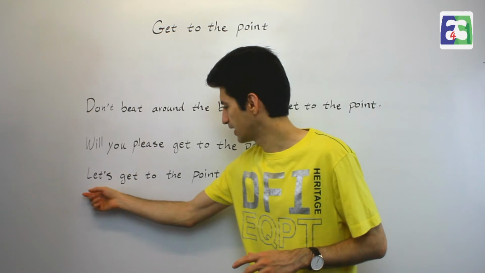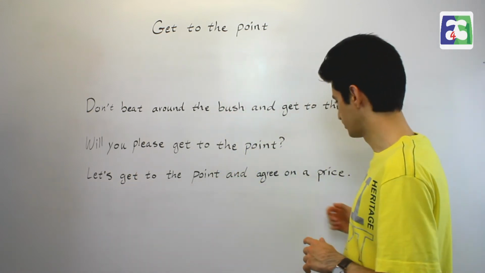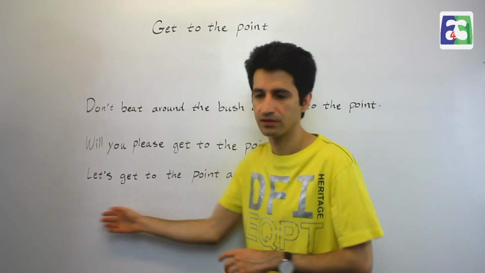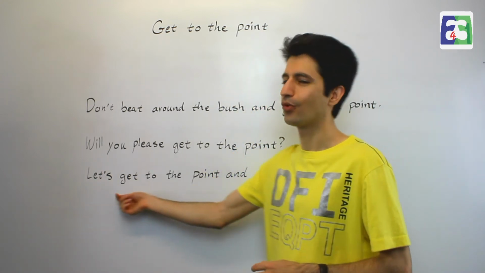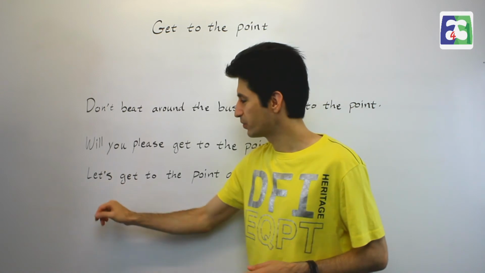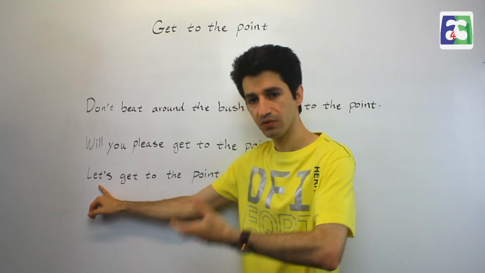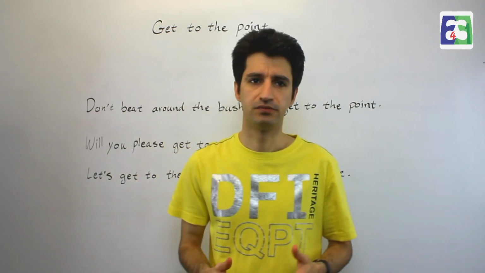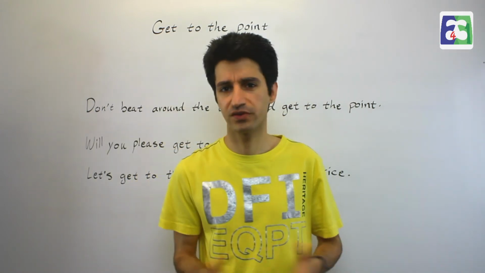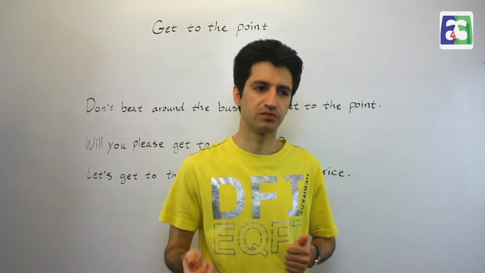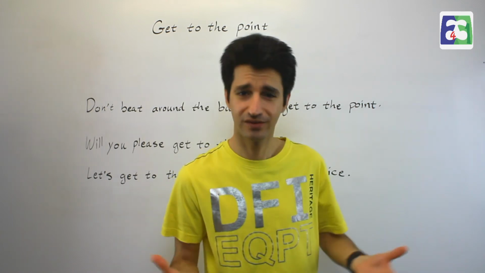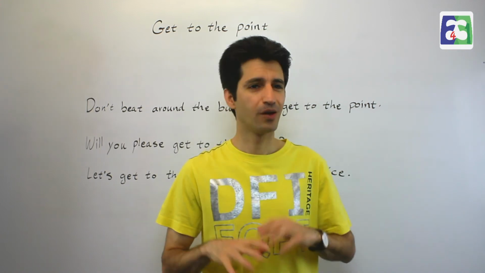And over here, "Let's get to the point and agree on a price." That is when I am also included in this command, so I am asking people, including myself, to do something. Imagine we want to sell a car, and we're around a table having a cup of tea and deciding on the price.